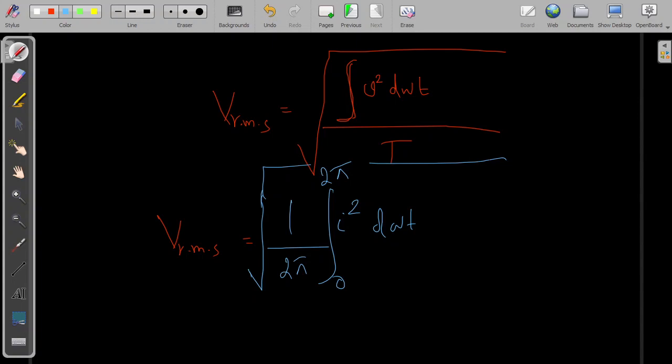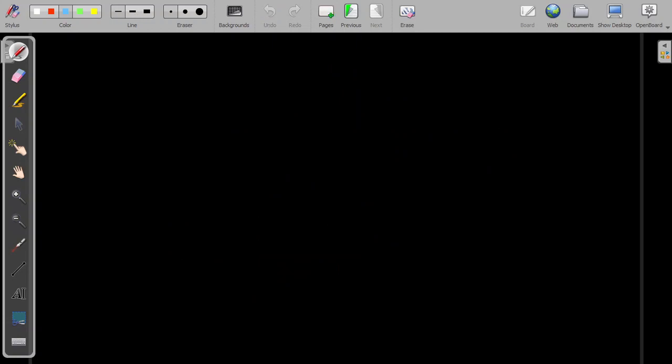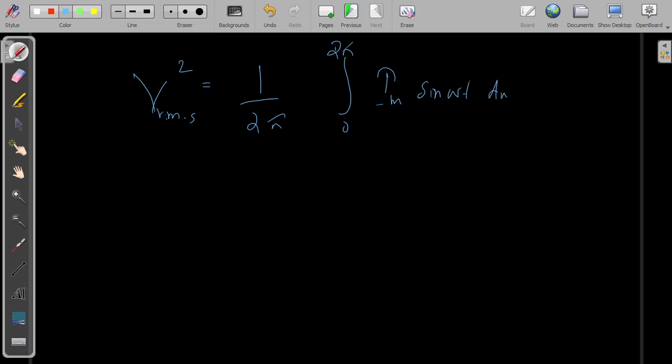So we will get IRMS. I am squaring on both sides, LHS as well as RHS. So IRMS square will be equal to 1 by 2 pi integral 0 to 2 pi I square d omega t, and I am writing this I as Im sine omega t d omega t.